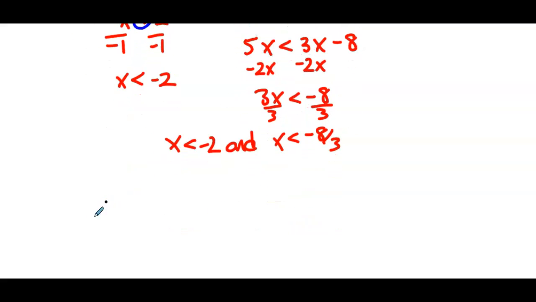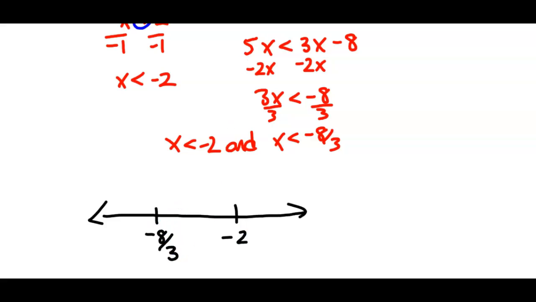Okay, so we go to the number line. Negative 8 thirds is about negative 3, so we have negative 2, and we have negative 8 thirds. So x is less than negative 2, so open point, shade to the left. X is less than negative 8 thirds, so open point, shade to the left.